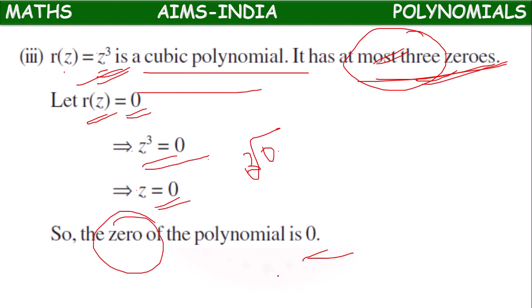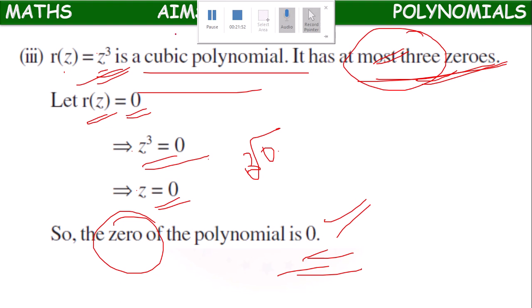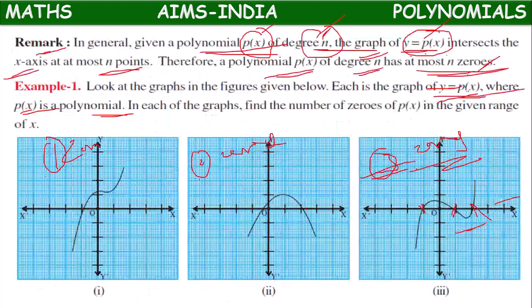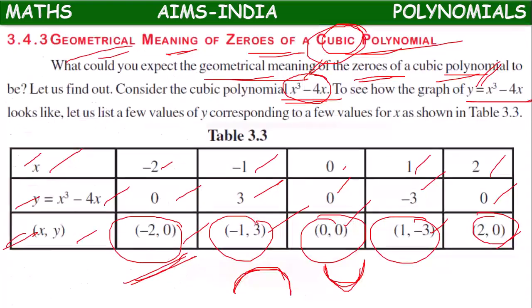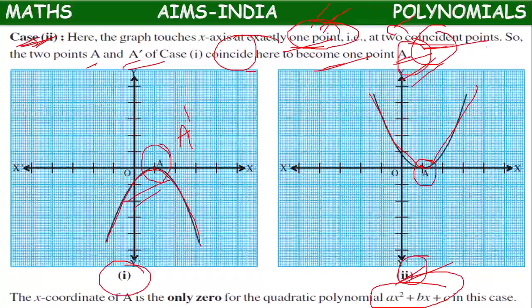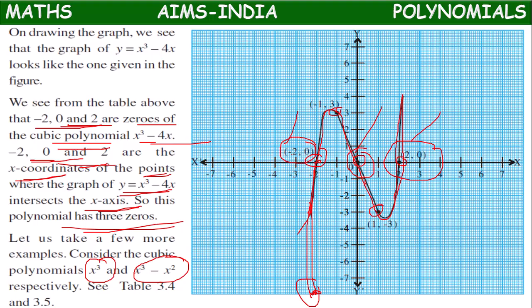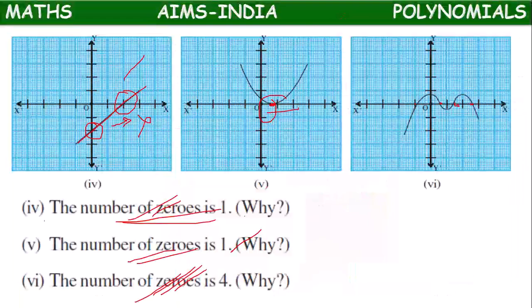So the zero of the polynomial is only 1, which is 0. Okay, children? So a cubic polynomial can have at most 3 zeros. Sometimes it can have less than 3 zeros also.